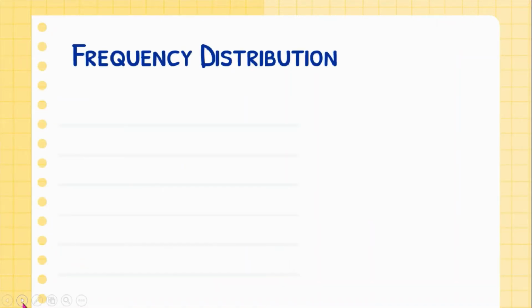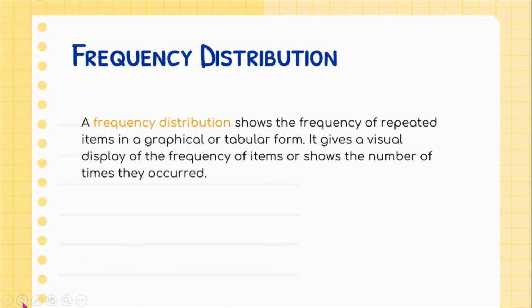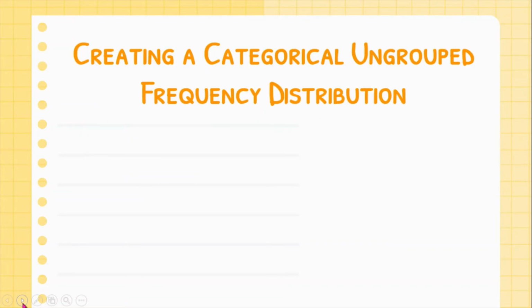So what do we mean by frequency distribution? A frequency distribution shows the frequency of repeated items in a graphical or tabular form. It gives a visual display of the frequency of items or shows the number of times they occurred.